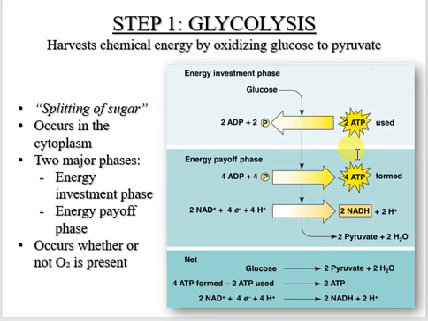And pyruvate is a 3-carbon compound. And this compound will then be used later to go through a conversion that's then used to create a product for the Krebs cycle. But during this process, ATP is produced via substrate level phosphorylation.